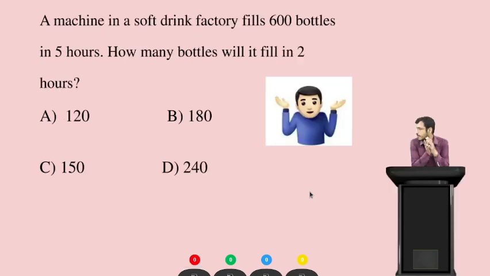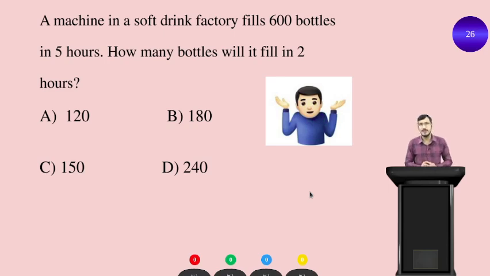Now students, it's question time. I have a question for you. A machine in a soft drink factory fills 600 bottles in 5 hours. How many bottles will it fill in 2 hours? I am giving you 30 seconds.